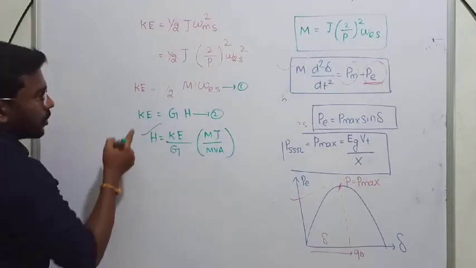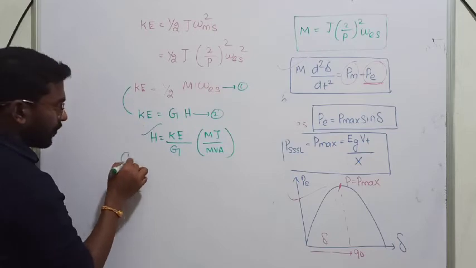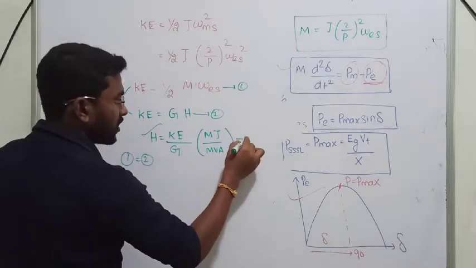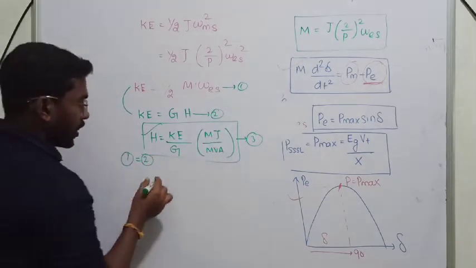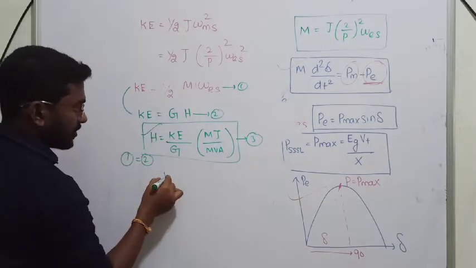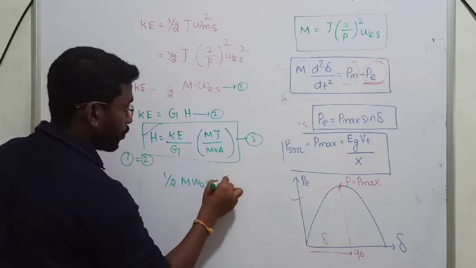Just equate equation number 1 and equation number 2. When equating 1 and 2, treat this as equation number 3. Very important equation, don't forget. Clear? Now if I equate these two, M omega s is equal to GH.